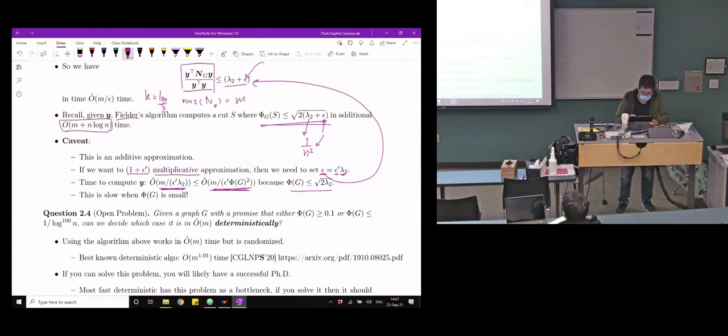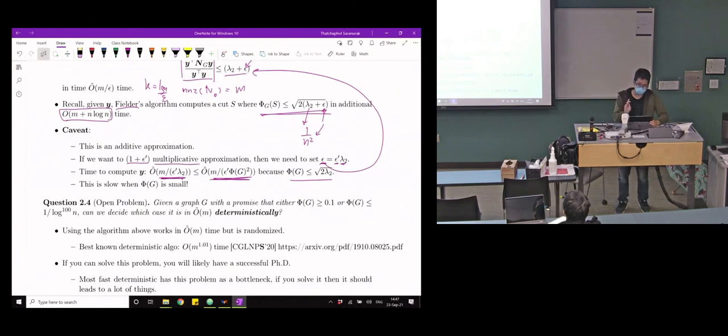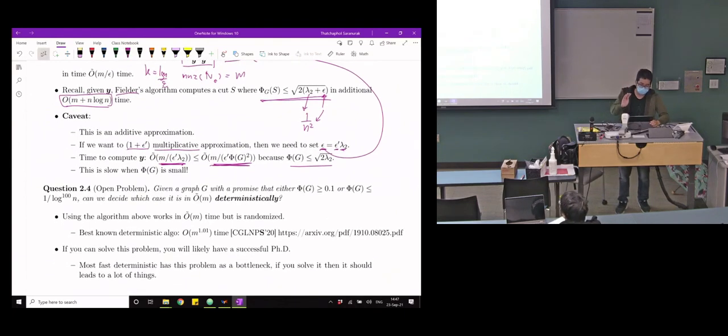So, okay, it's fast when the graph is an expander, but it's still very slow otherwise. And the way to make it fast actually is to work with the inverse that you suggested. But there is some non-trivial step to make that idea work. But before that, at least it's fast when phi is big.